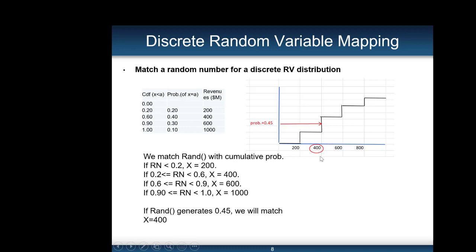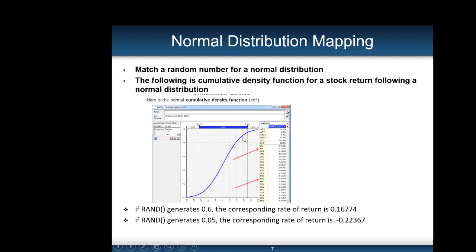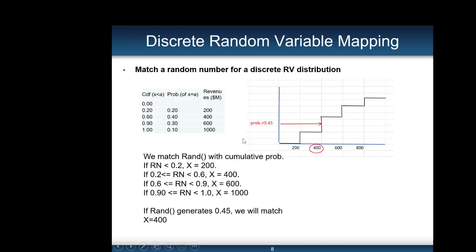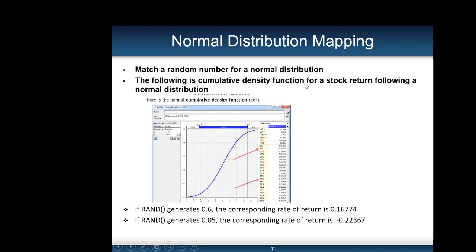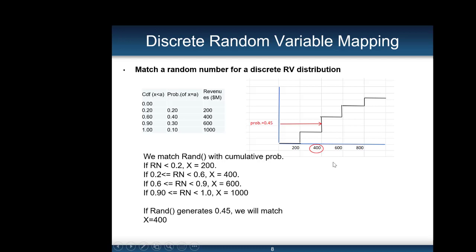This will help us locate 400 as a unique simulated revenue. It's okay if you don't understand so far because we haven't gone into the detailed procedure. But this gives you the idea of how we use a random number generator and match it to the cumulative density function, and locate and simulate a random number for different kinds of distributions, whether it's a normal distribution or a discrete random variable distribution, and so forth.